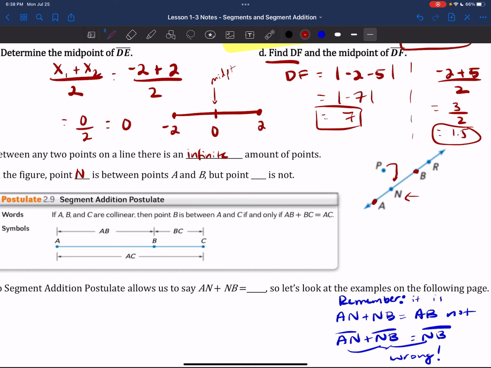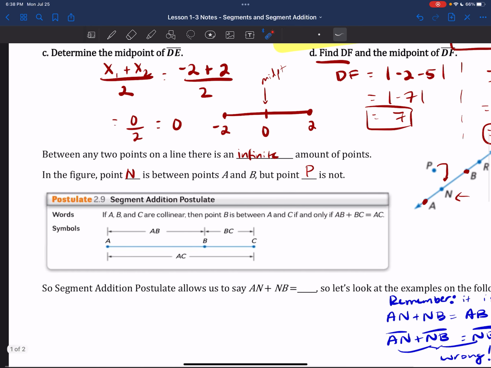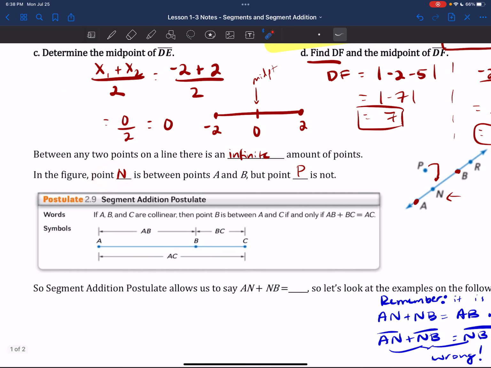P is actually outside, and it has to be on the line. What I mean by that is point P is not between A and B, because it has to be on the line to be considered something like what N is, okay?